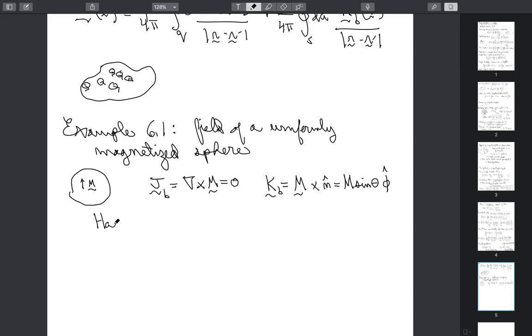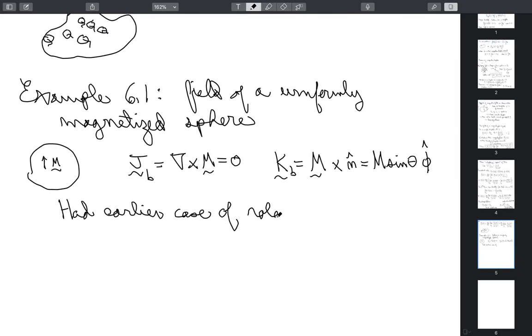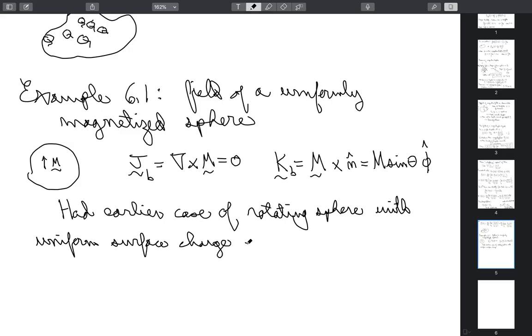So we had an earlier problem of a rotating sphere with uniform surface charge sigma, and this one had surface current density, which was just sigma times v, and this is sigma omega, angular frequency, r sine theta, phi hat.